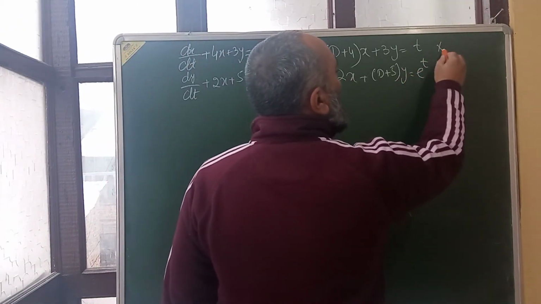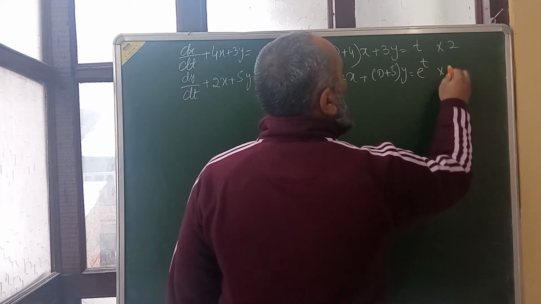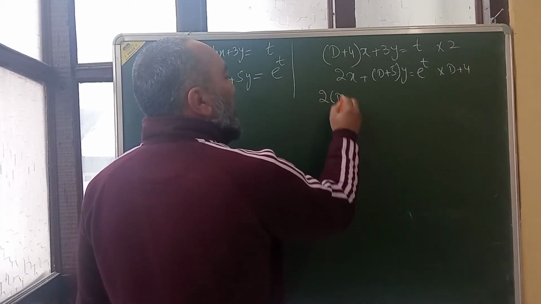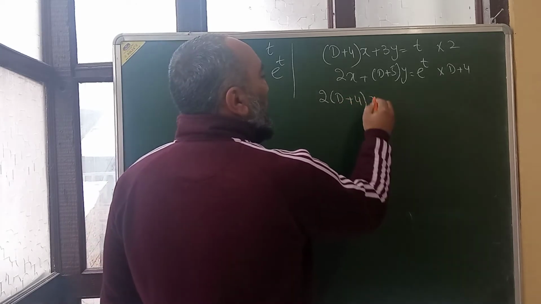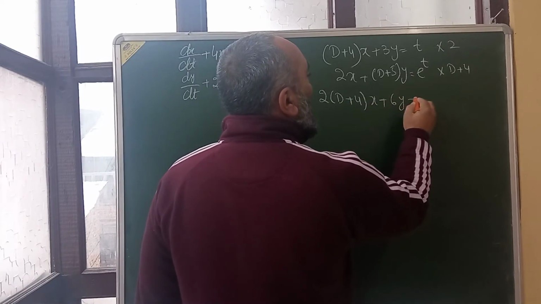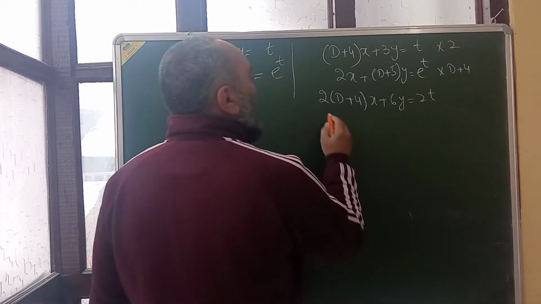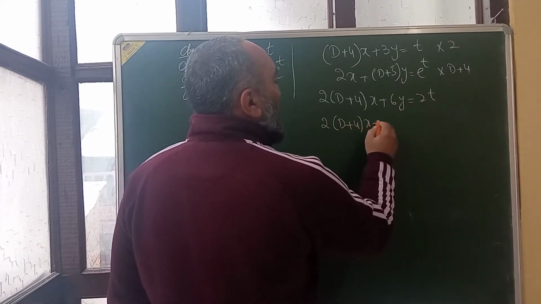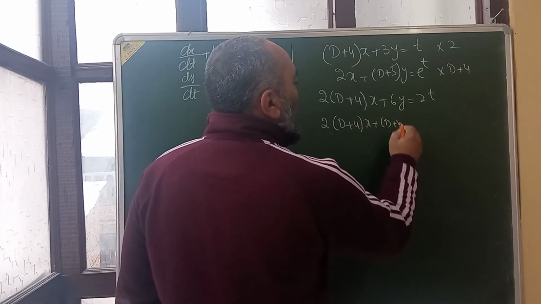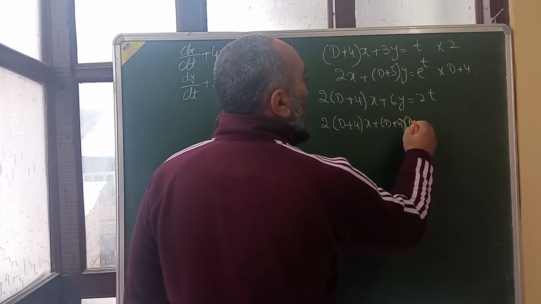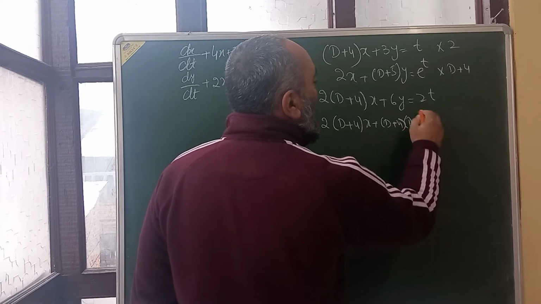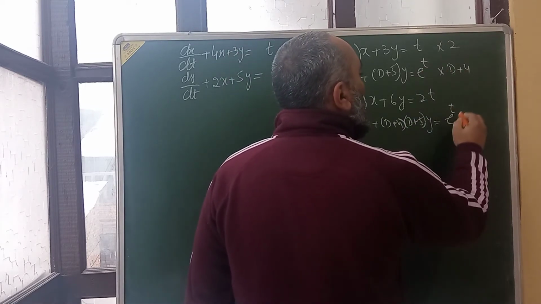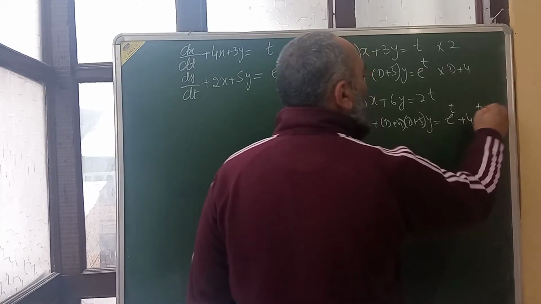Multiply this by 2 and operate this by d plus 4. What I will get? It is 2 times (d plus 4), 2 times 3 is 6y, equal to 2t. Then 2 times (d plus 4) x, (d plus 4) times (d plus 5) y equal, now differential of e raised power t is e raised power t, then 4 e raised power t. Okay.